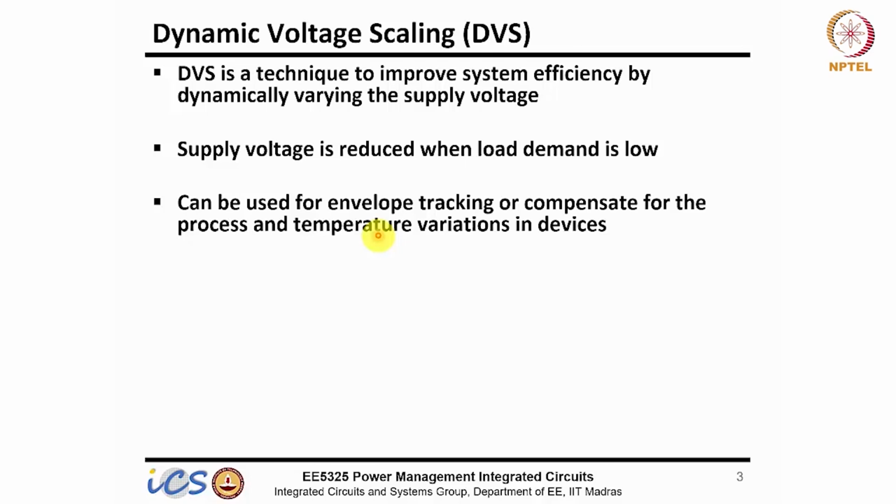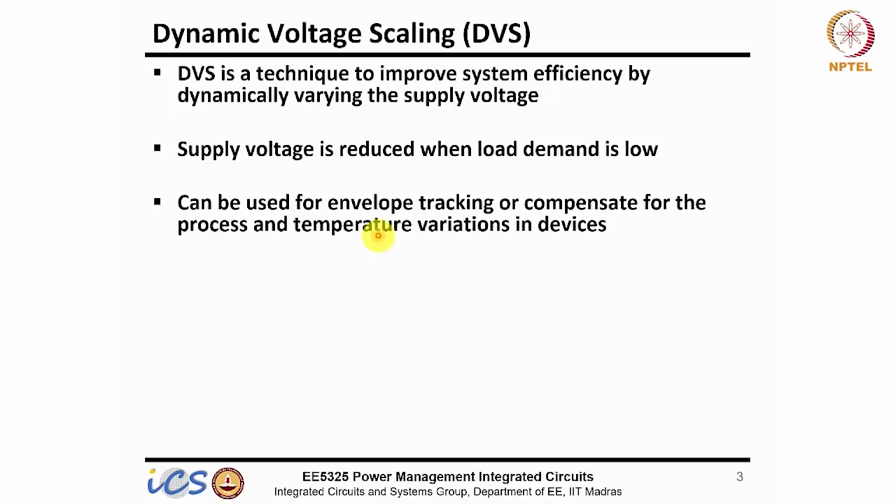So when we say process and temperature variations, assume that you have designed your circuit. Mostly you design at a typical corner. But when you have to meet the spec, you have to look at the worst case. So you want to run your circuit at, let's say, 1 gigahertz.